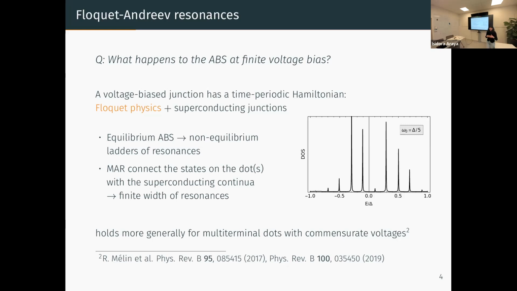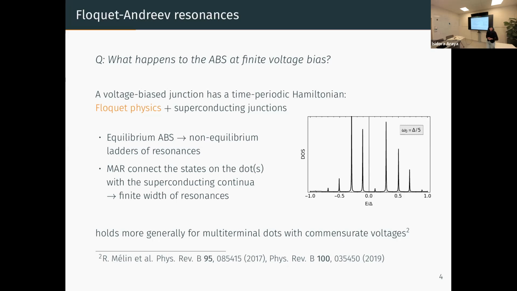And so you would have some resonances which will then be copied, so what I call the ladder of resonances. And these resonances have a finite lifetime because the multiple Andreev reflections give a way to connect the once discrete levels to the superconducting continuum.